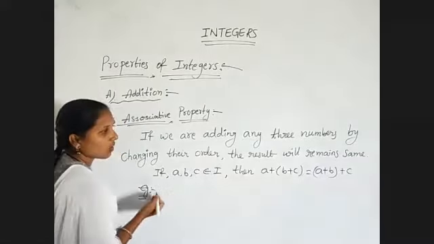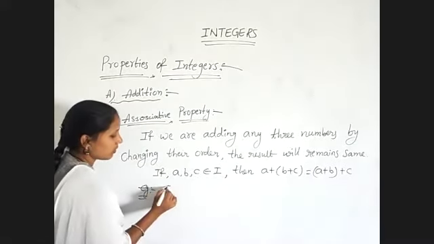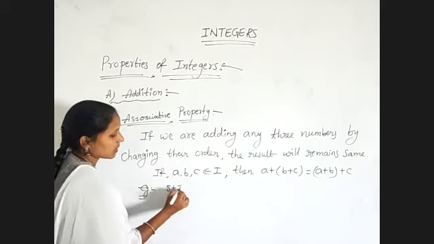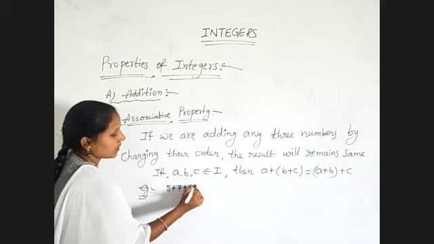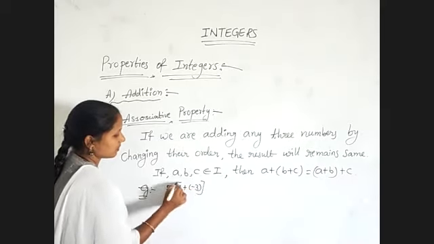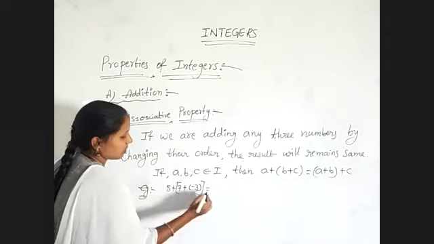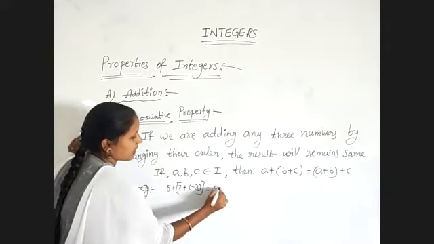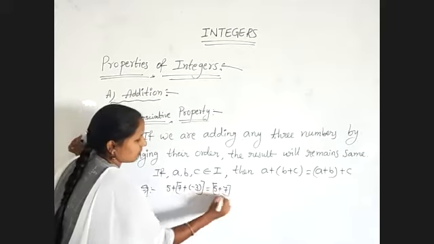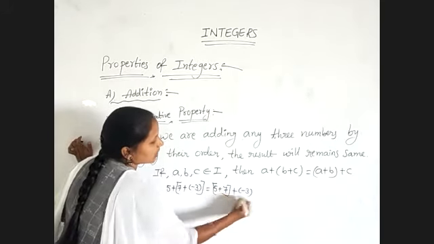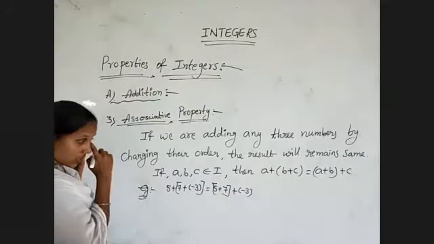Just now how I told you, like that only. 5 plus 7 plus of minus 3 is equal to 5 plus 7 plus of minus 3. Now check whether it is correct or not. What will be the result?